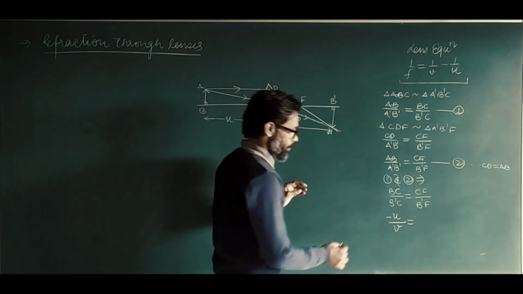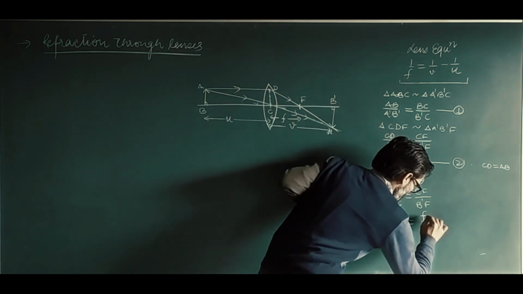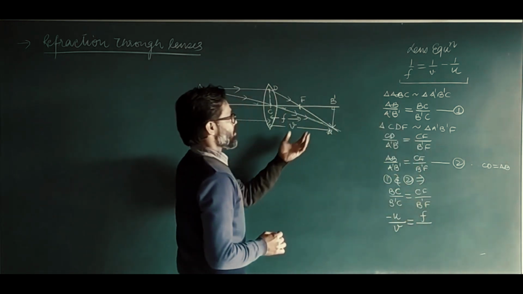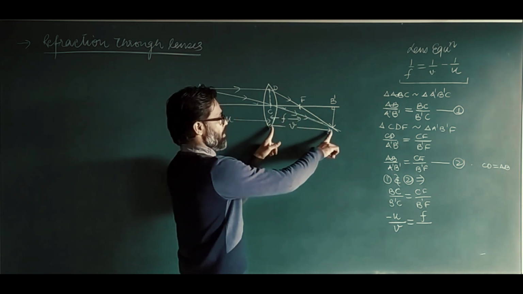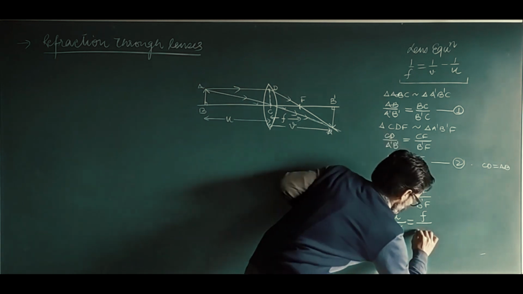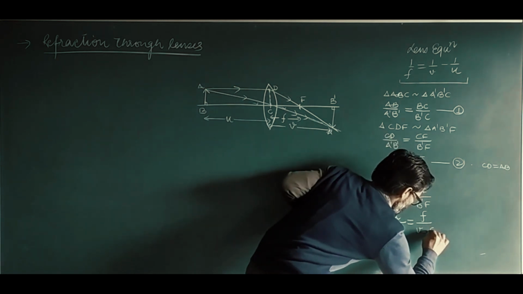CF is F, positive F. B dash F is also towards the right: V minus F.